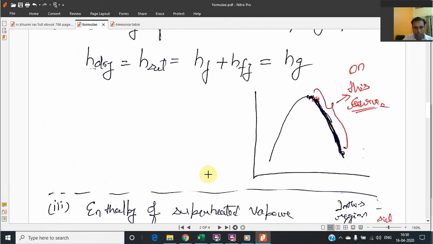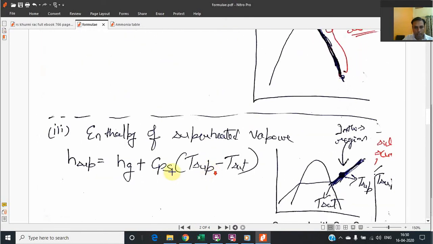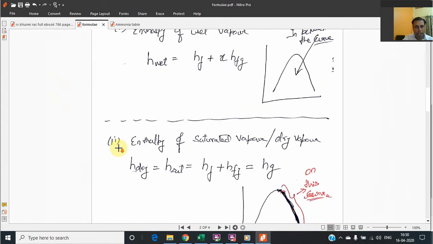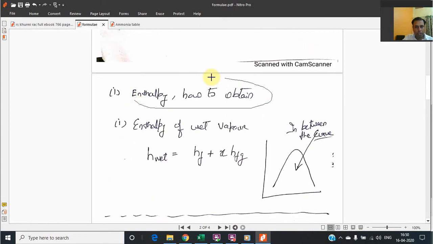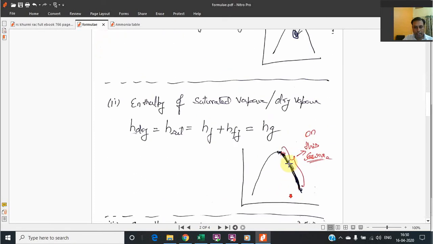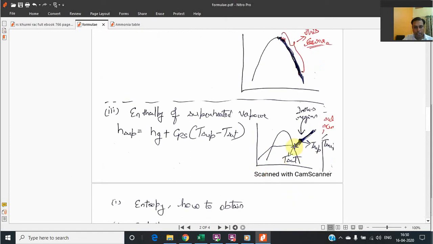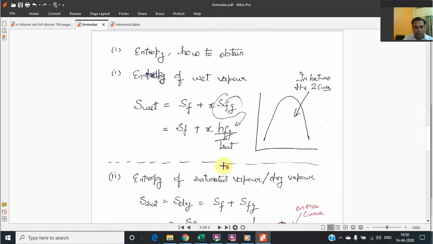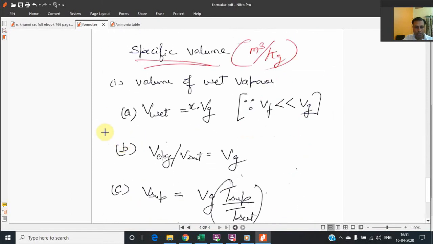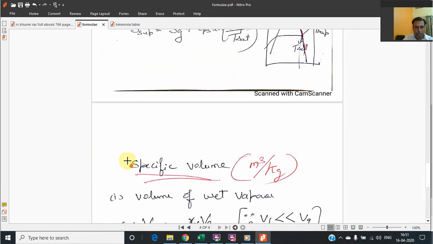Because three cases of enthalpy are there: first is wet, means the point is in between; second is the point is on the curve; and third is the point is beyond the curve. Similarly, for entropy also three cases will be there, and for specific volume also three cases will be there.